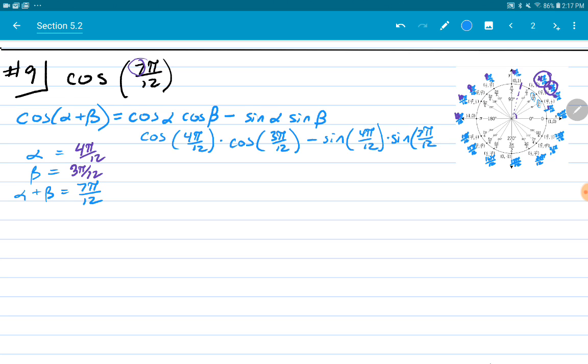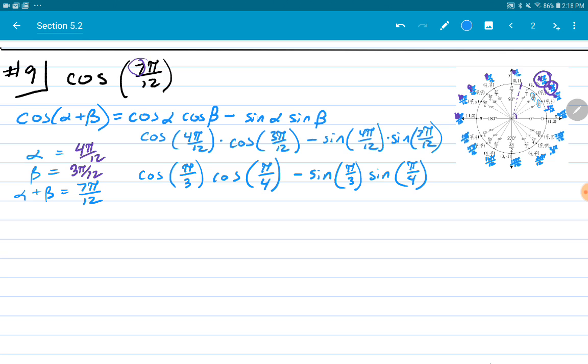And if I look back at my unit circle, then I remember that 4 pi over 12, if I just reduce the fraction, is equivalent to pi over 3. And 3 pi over 12 is equivalent to pi over 4. Okay, and I know those are all standard angles, so I know those values.